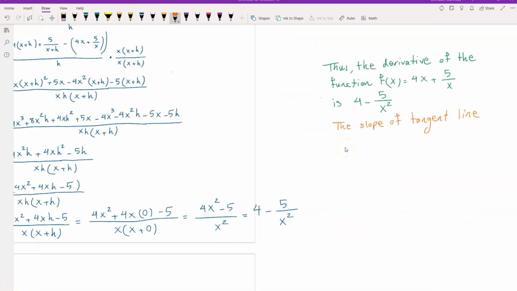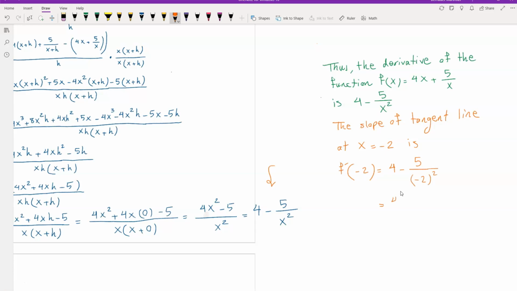So the slope of the tangent line at x equal to negative 2 is f prime of negative 2. So using what we have here, 4 minus 5 divided by x squared, where x is negative 2.